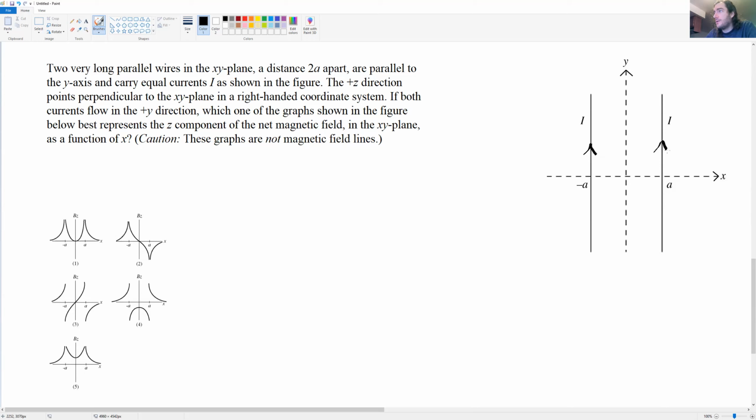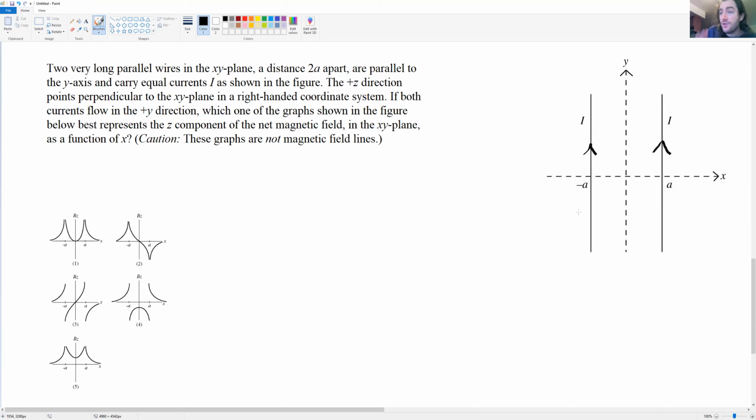So the currents are both flowing in this direction here. Was there anything else that we could add here? With both currents, which one of the graphs in the figure best represents the z component of the magnetic field in the xy plane.